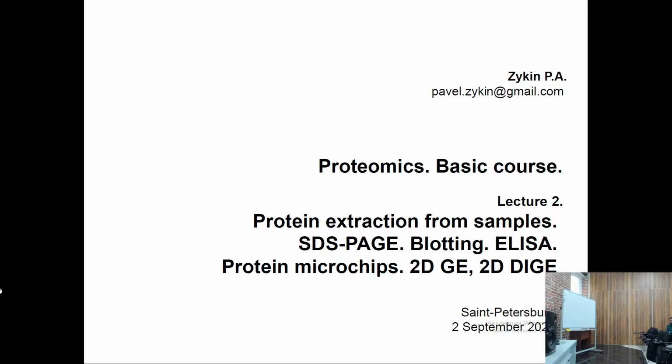And what we want from this method, if it is possible, is to get as good a separation as possible, to see every protein, every proteoform as a separate point, band, or dot, right? That's actually our idea.